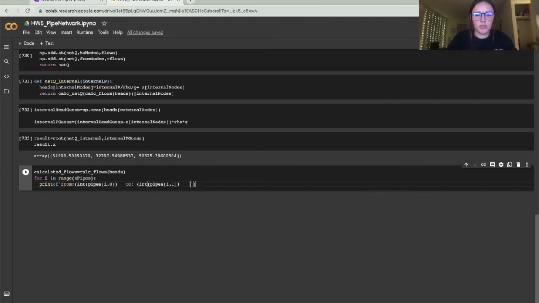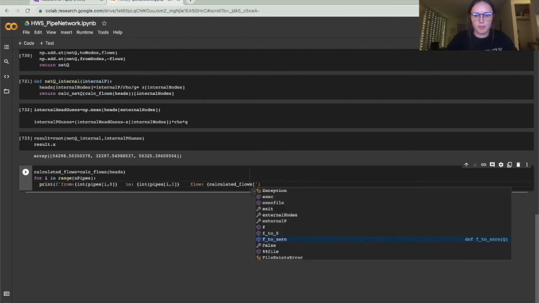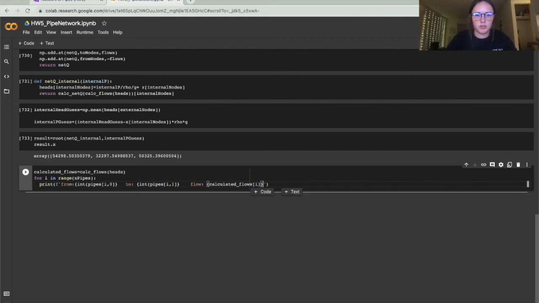And tab again, and we're going to have flow, which is going to be, no, not int. It's going to be calculated flows, i, and that is going to be that.